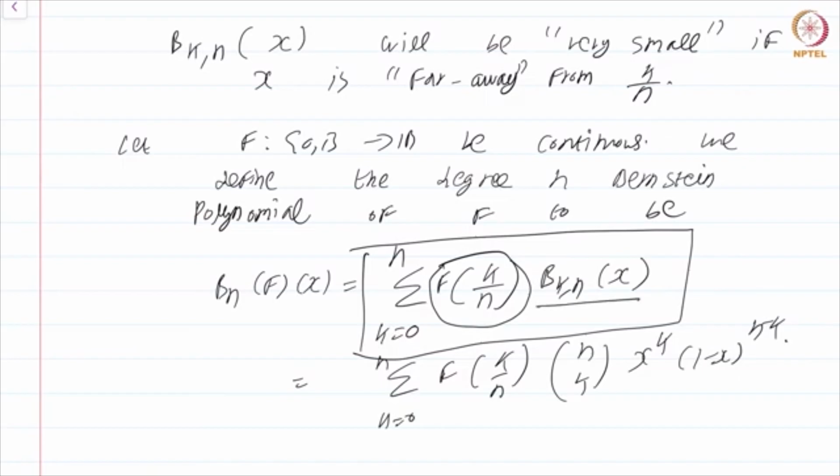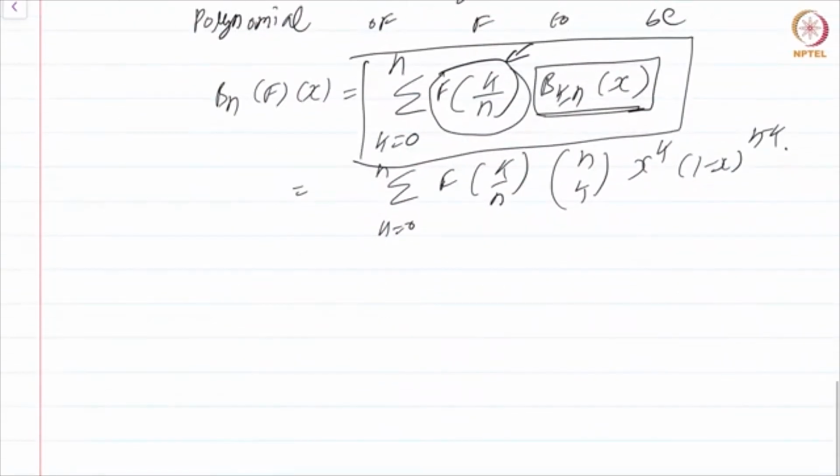When x is very, very close to k by n, this quantity b k n of x will be very, very close to 1, and the value f of k by n will be completely got. Whereas for those k by n's which are far away from x, these terms b k n of x will be 0 and they will contribute nothing to the sum. Okay, so essentially we will get the sampled value of f at k by n. So this is all sounding a bit vague, but don't worry, we will make it precise.